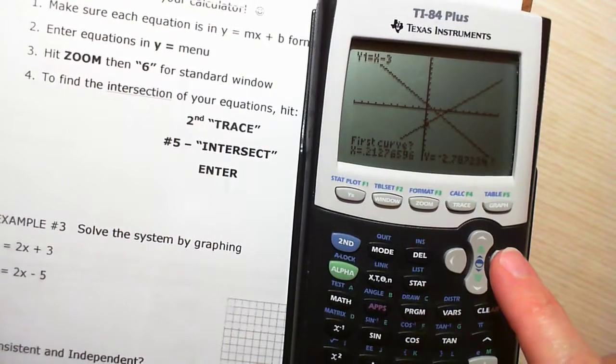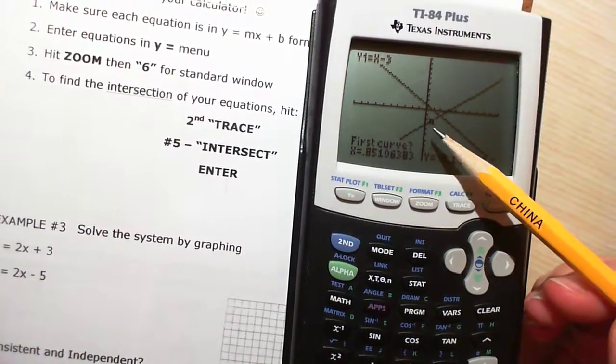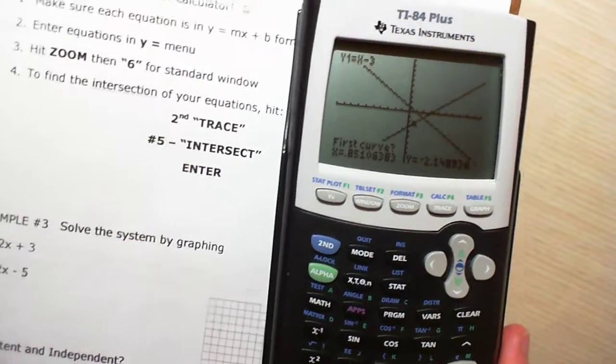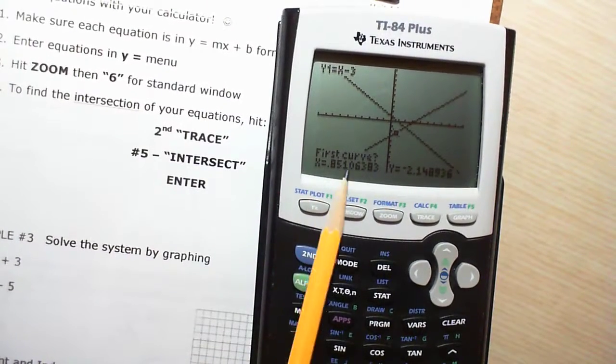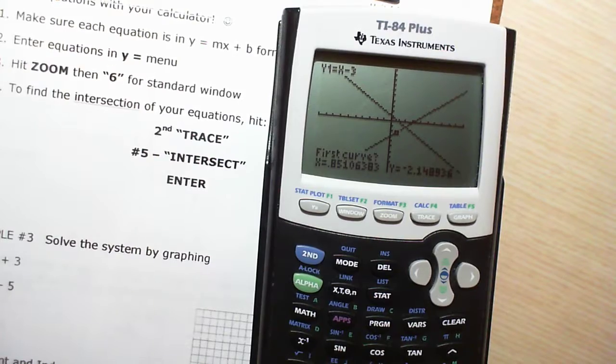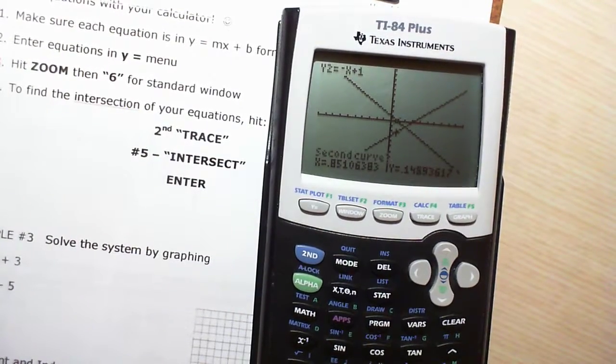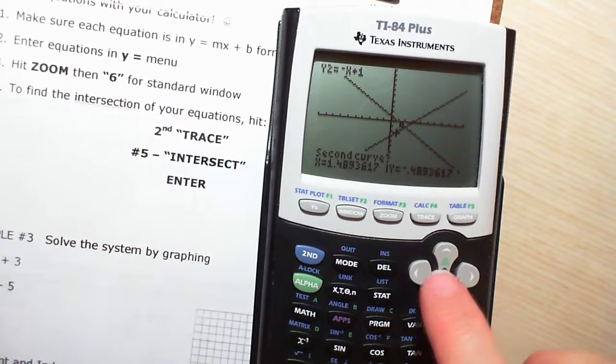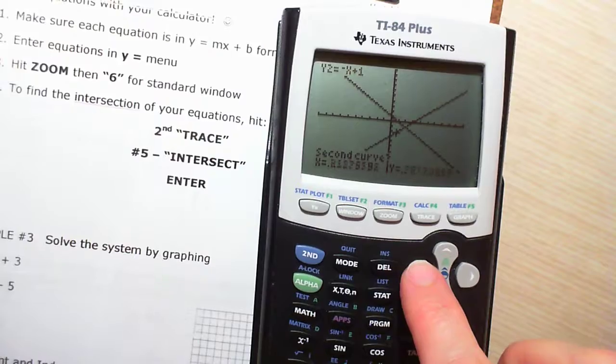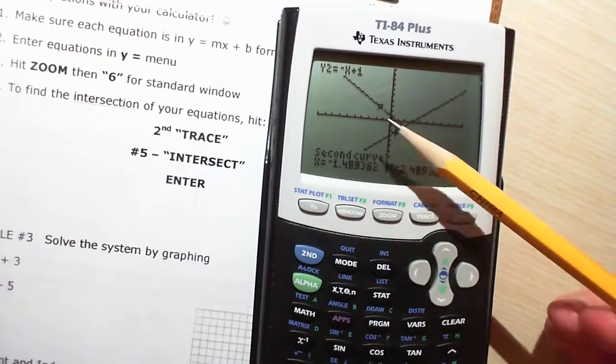And then you can see your little cursor is blinking right there. So I just want to make sure it's on one of my lines. And I say enter. Yes, I'd like you to find the intersection of that line, so hit enter. And then it's going to say second curve. So now I want to move, you can see there, now it's on the other line.